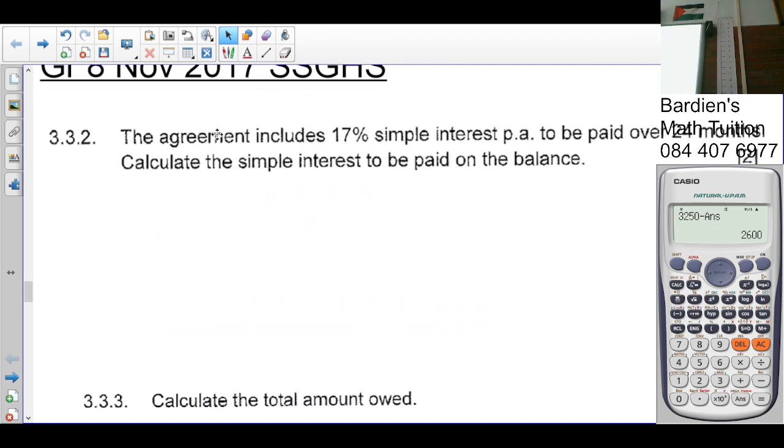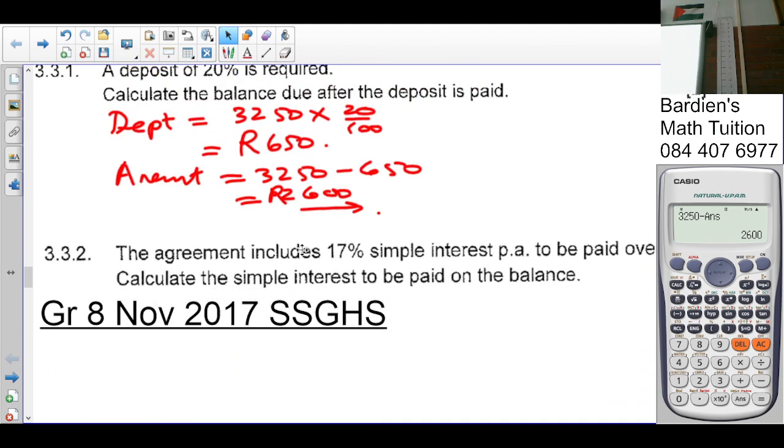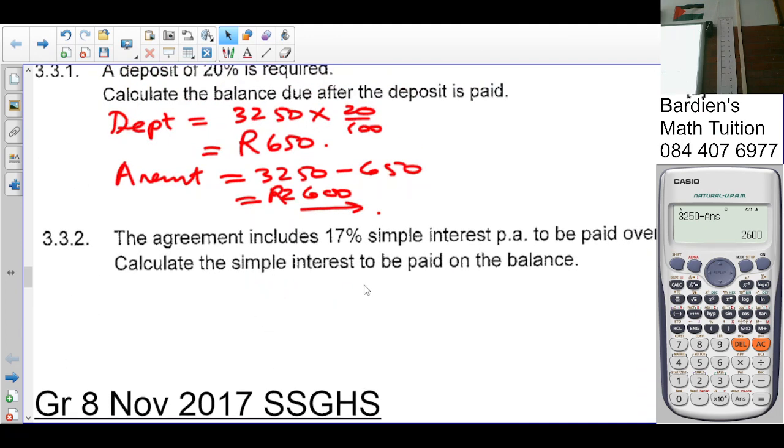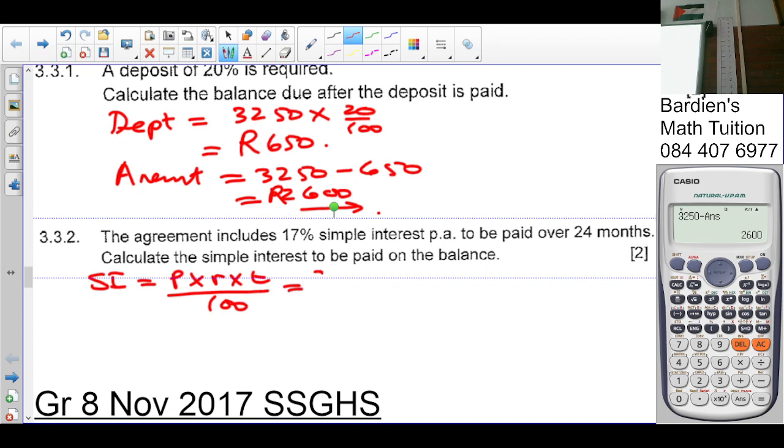The next questions, 3.3.1 and 3.3.2. The question says the agreement is 17% simple interest. Now simple interest follows a formula: simple interest is P times R times T over 100. The principal, the amount borrowed, is 2,600 Rand, times your rate, 17, divided by 100, that is your percentage, times your time.